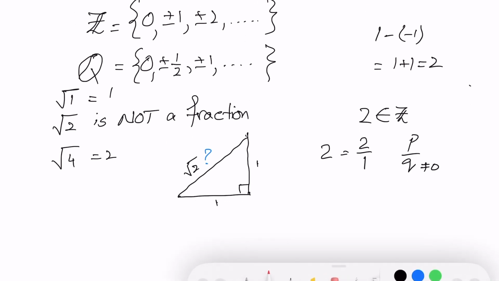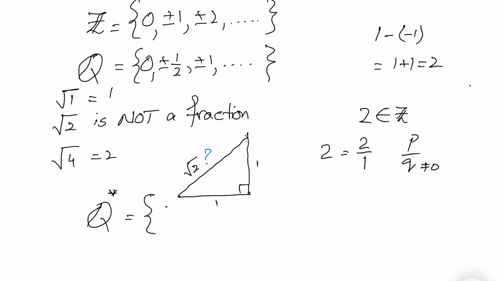A new set was established, let's call it Q star, which contains numbers like root 2, like pi, like e, all those numbers which cannot be written in the form of fractions. This set was named the set of irrational numbers.